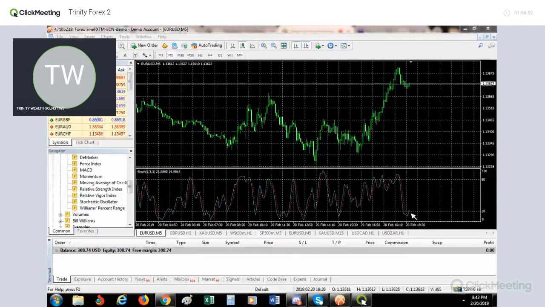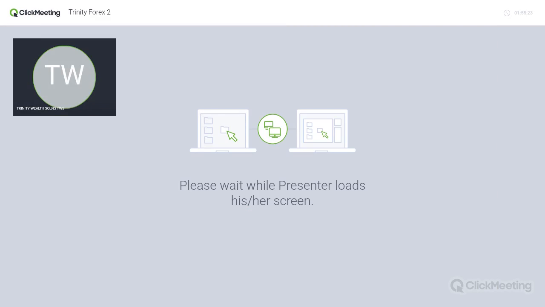Sorry, I think my sentence was not correct. So if it crosses 80 going up, it has been overbought. Bears need to come in and push it back down. If it crosses 20 going down, it has been oversold. So the bulls need to come in and push it back up. That's how the stochastic oscillator works.